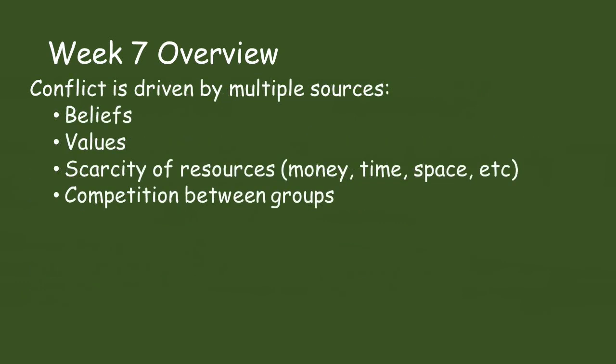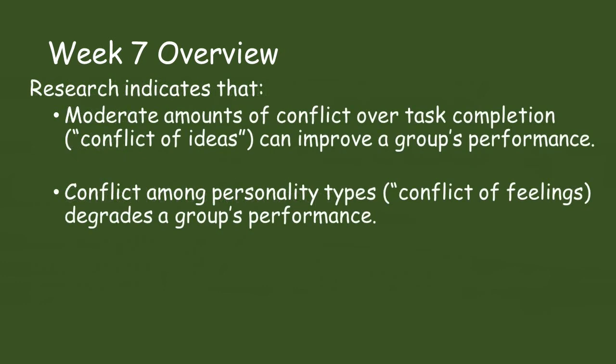According to the research, conflict is driven by multiple sources. There's beliefs, values, scarcity of resources like money, time, space, etc. And good old competition between groups also drives conflict. The research in the text also indicates that moderate amounts of conflict, believe it or not, over things like task completion, what the text calls conflict of ideas, can improve a group's performance.